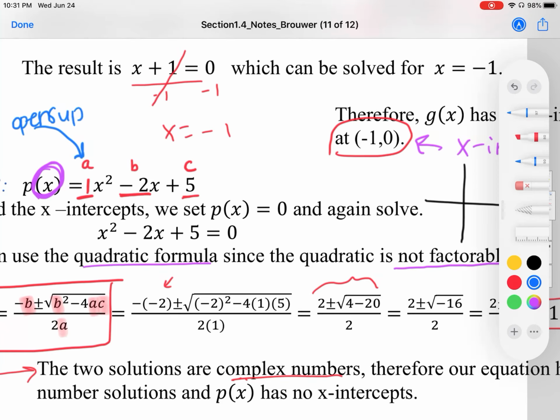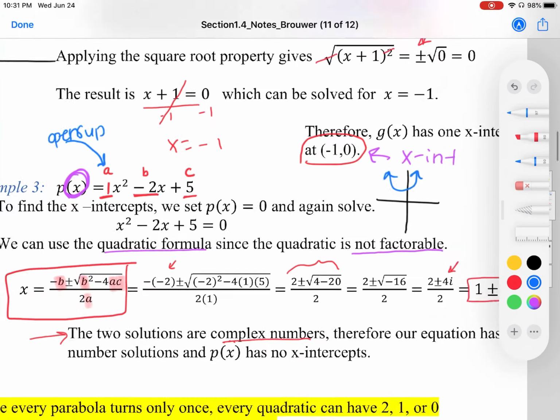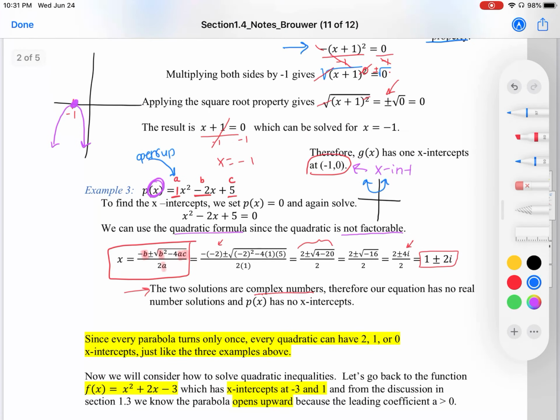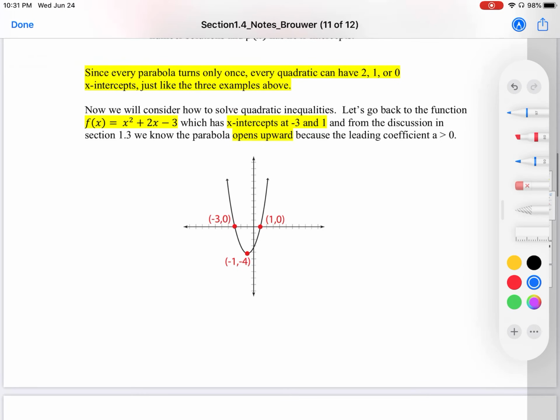So my parabola looks something like this. It never touches the x-axis, and therefore there are no x-intercepts. Since every parabola turns only once, every quadratic can have 2, 1, or 0 x-intercepts, just like the 3 examples above.